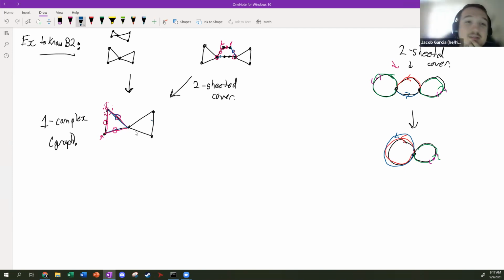For example, I could have a trivial cover of this with a circle, which I could draw as just a graph that has 1 vertex and 1 edge. But that's because I can just add in these 2 vertices and I don't change the space. I can just upgrade midpoints of an edge to a vertex, and I don't change the space.